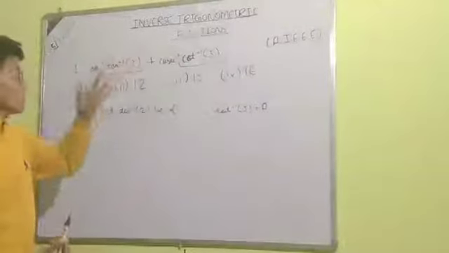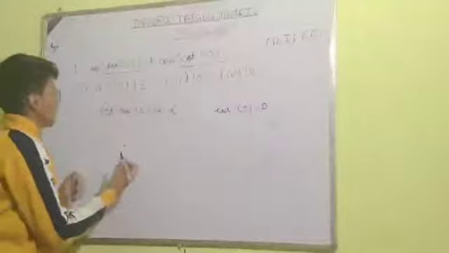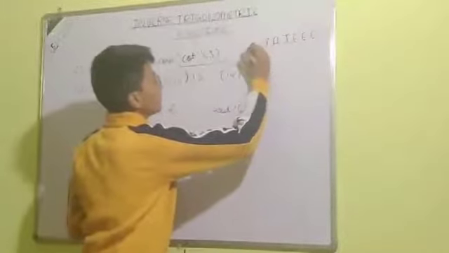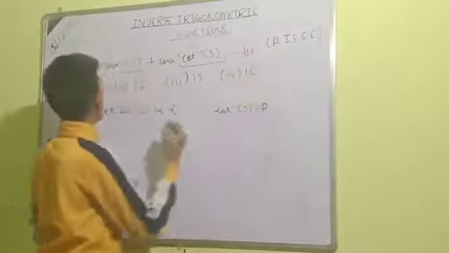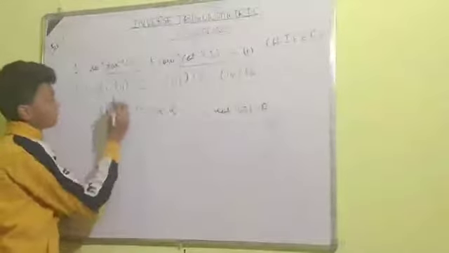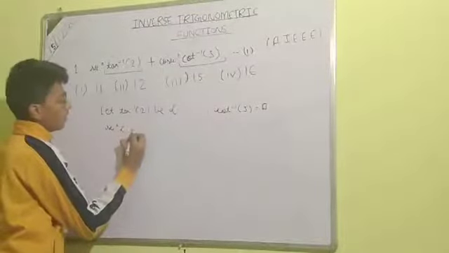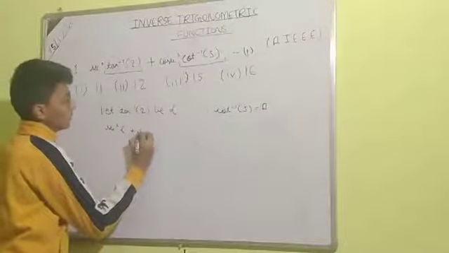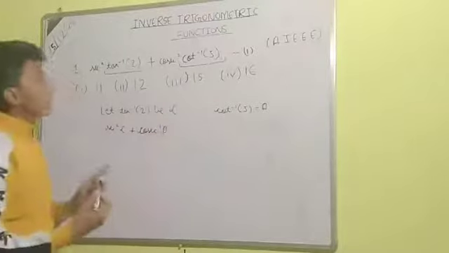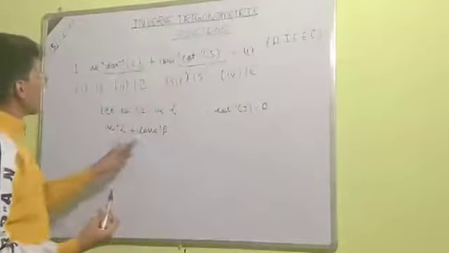So now substituting it in that equation, let it be equation number 1. So it will be sec square alpha plus cosec square beta, and you have to calculate the value of this sec square alpha plus cosec square beta.